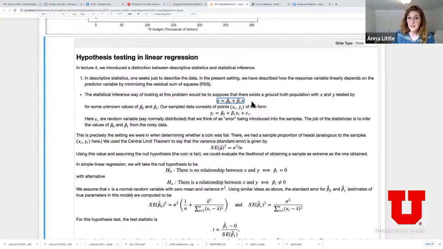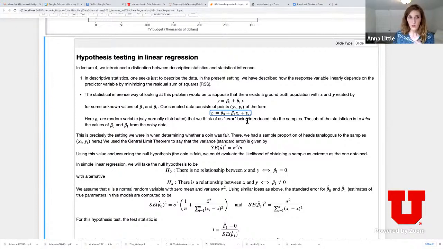Rather, we sample a noisy version. So we sample data points xi, yi, where yi is generated according to that ground truth formula, but plus noise. So we have sort of the prediction formula plus noise.